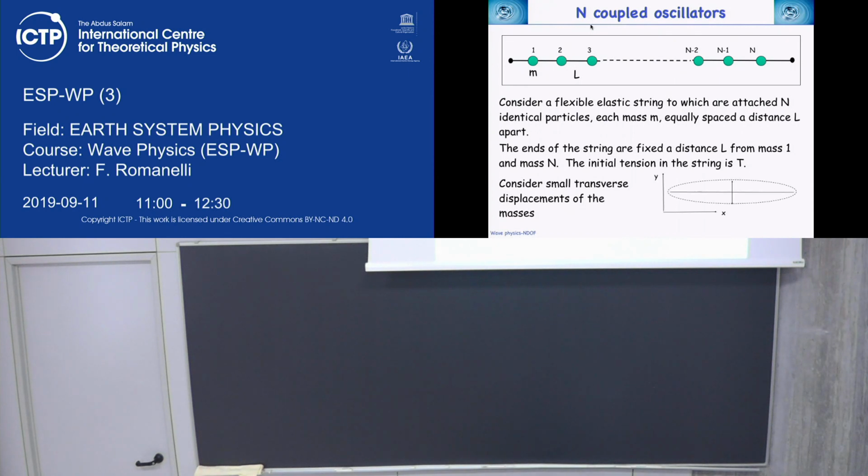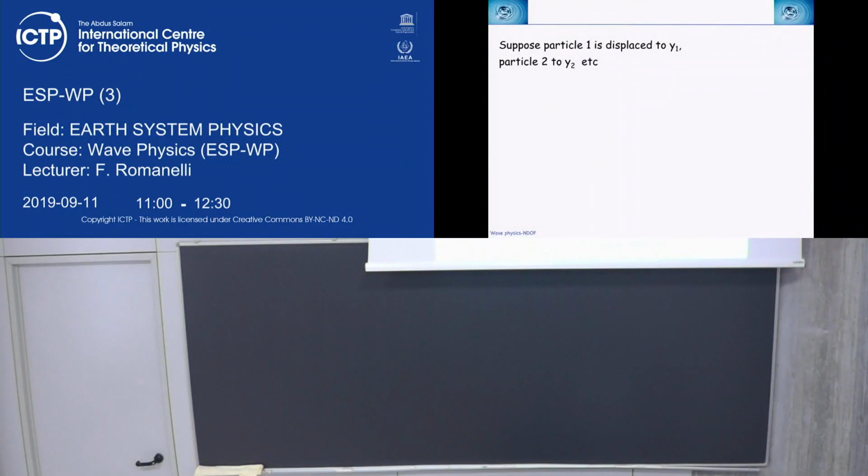Okay, now let's consider this. It will be the beginning of the wave equation in a string, and that's a really boring part now. Let's imagine that we consider one mass and we pluck it in some way. When we pluck it, we add some potential energy because we're doing work against the tiny springs connecting the masses.